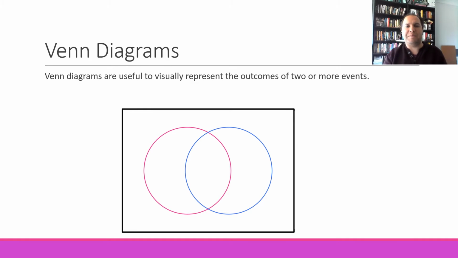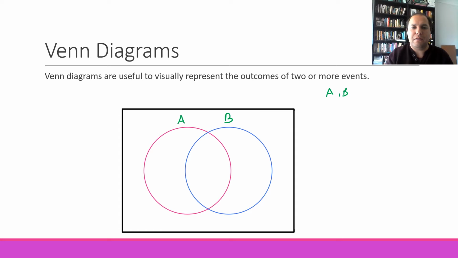All right, Venn diagrams are a useful way to represent the outcome of two or more events. So let's say we've got two events that are A and B. We'll say this circle is A and this circle is B. And each region in our Venn diagram represents some number or aspect of our probability distribution here.